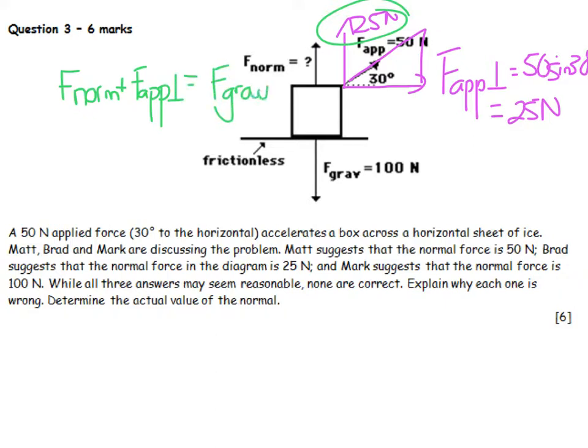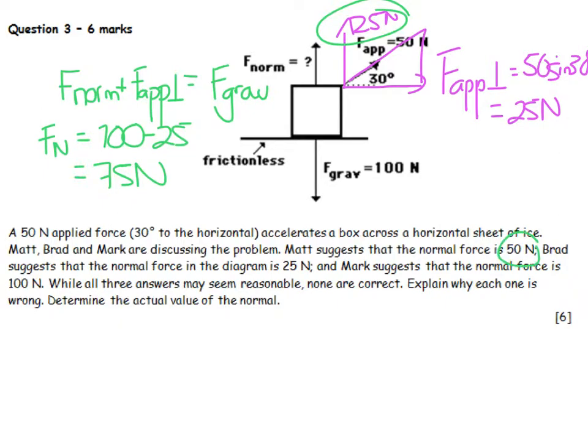In other words, all the upward forces are equal to all the downward forces. So I am going to say F normal is equal to 100 minus 25, and that turns out to be 75 newtons.